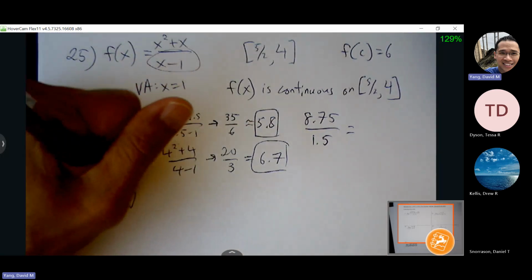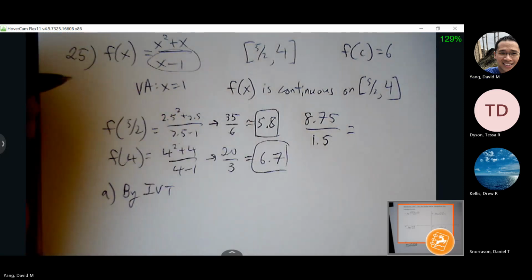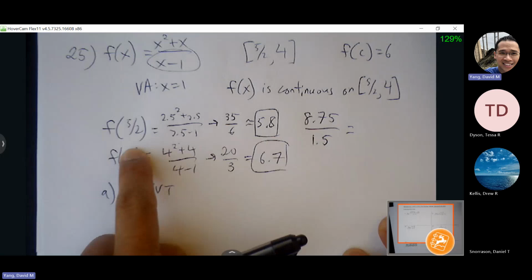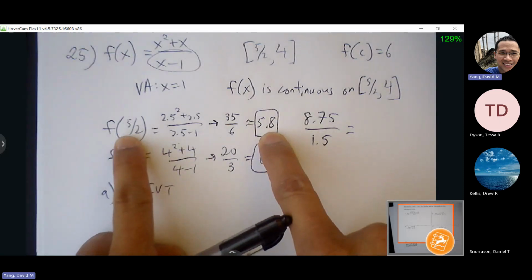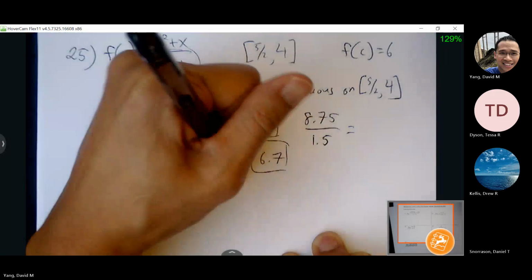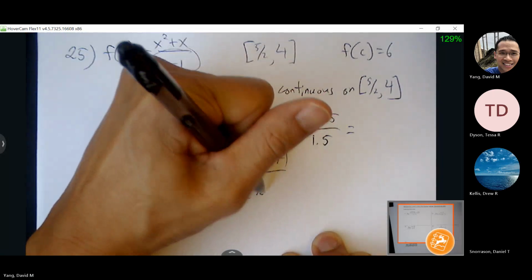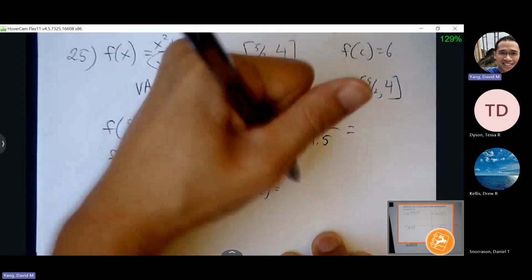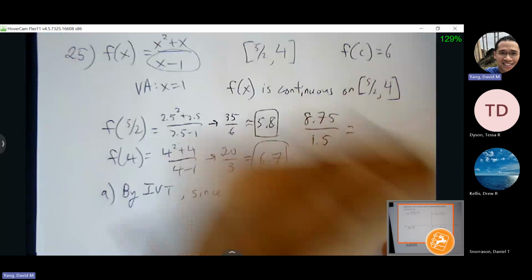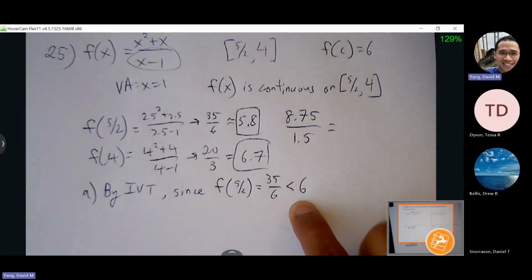So we can say by IVT, and we just have to show that we're comparing these numbers, but we're also involving the endpoints. So I'm going to start with the lower y value. Since one endpoint is showing me 35/6, which is 5.8, which is clearly below my target y value of 6.